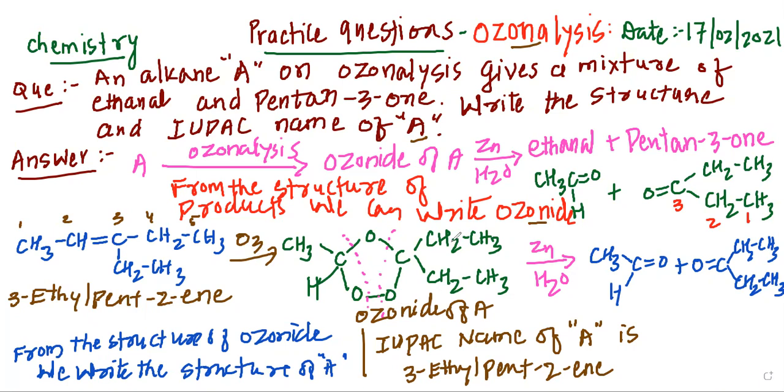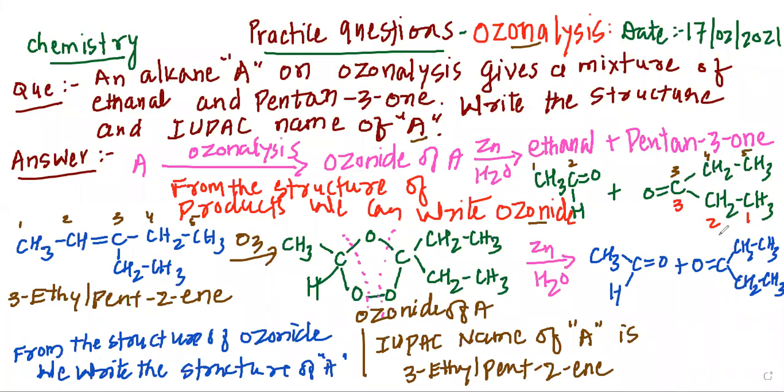The ozonide is produced when the reactant A reacts with ozone. From the structure of the ozonide, we can see that there are two carbons with a double bond between them, between the second carbon and the third carbon. This is the first carbon, second, third, fourth, and fifth carbon.